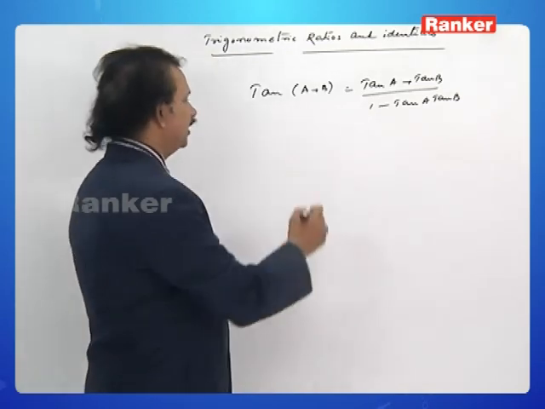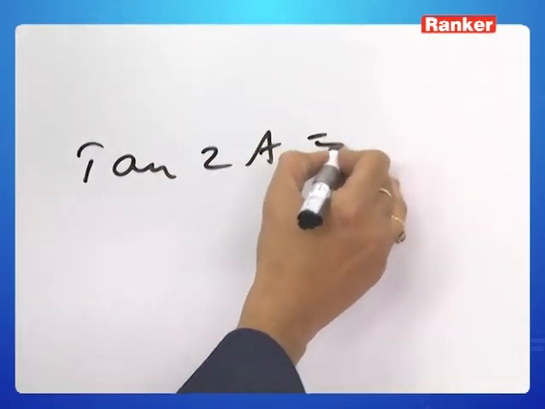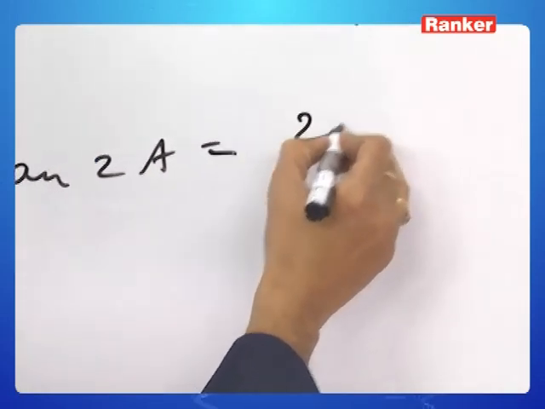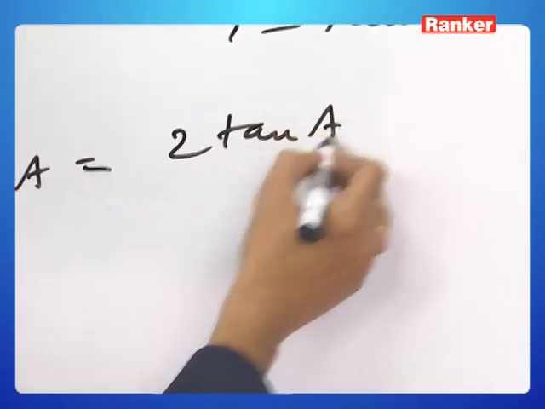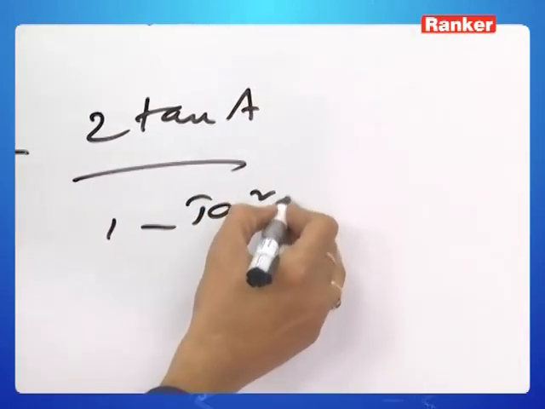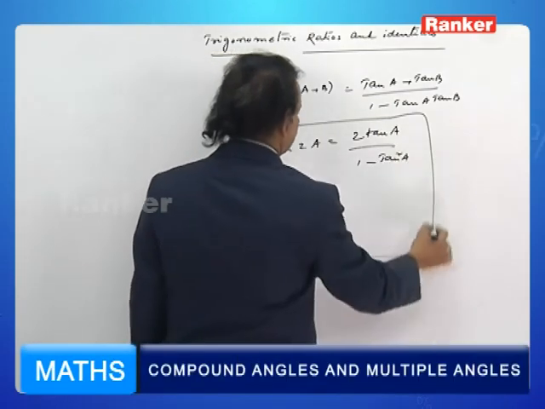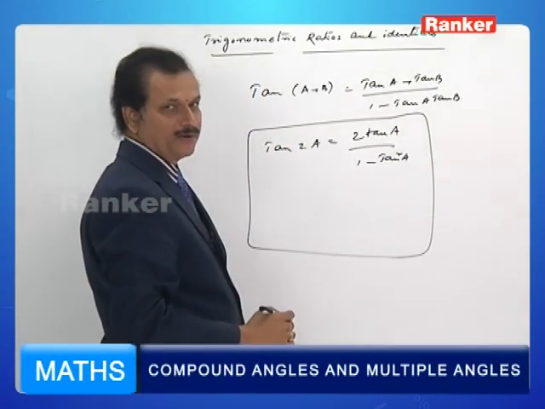Then what happens? A plus a is 2a. Tan 2a is equal to tan a plus tan a, 2 tan a by 1 minus tan a into tan a, tan square a. This is the important result.